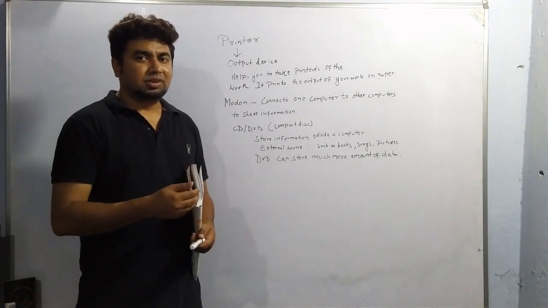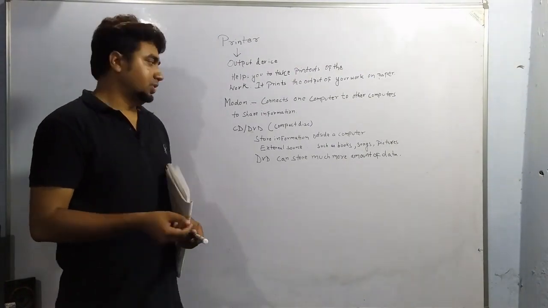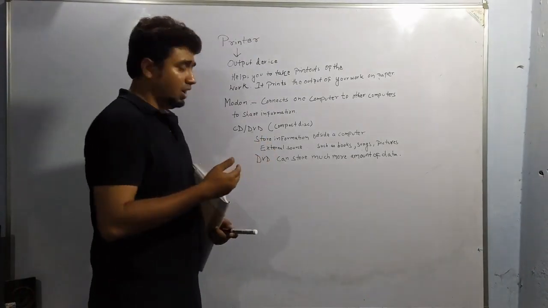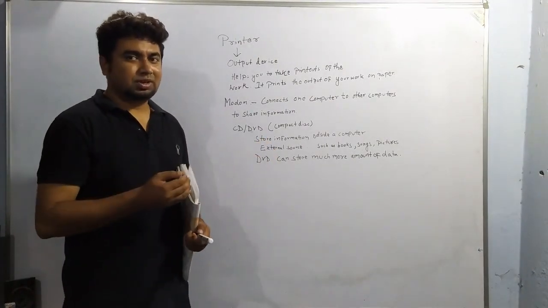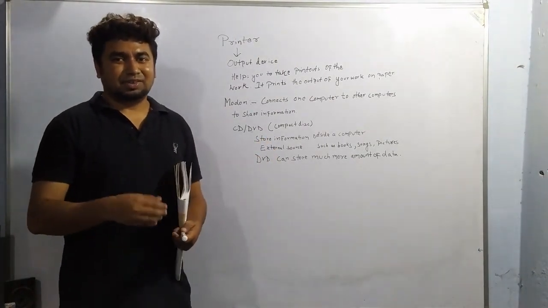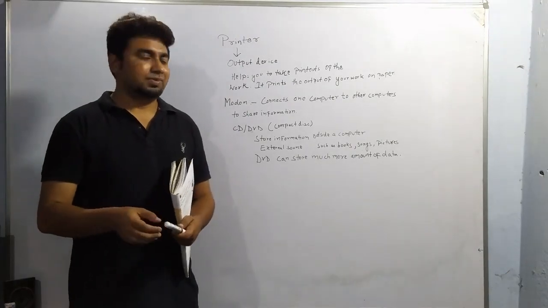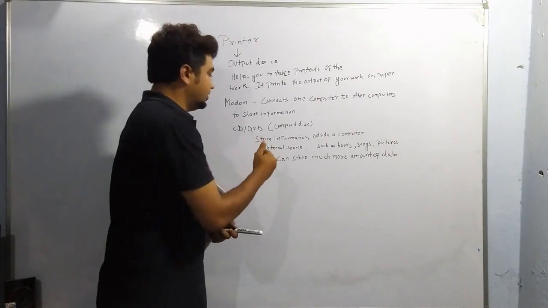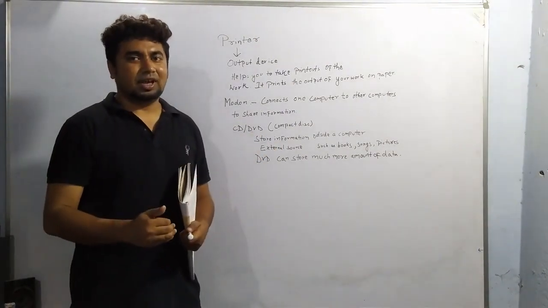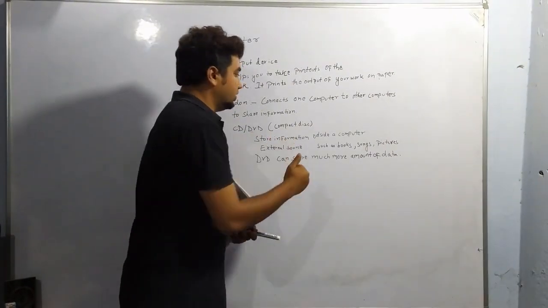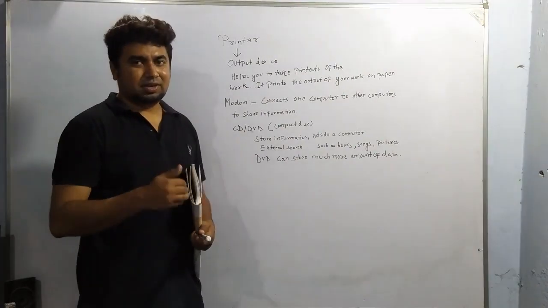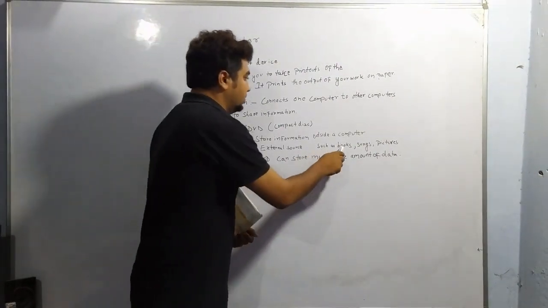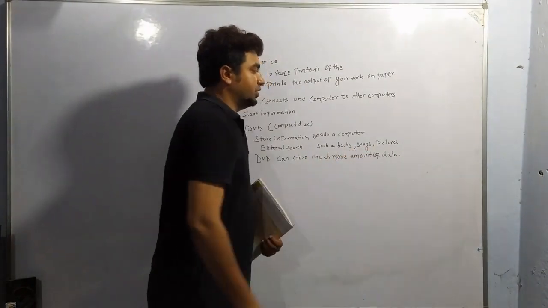We are mounting it on the computer or the CPU with the help of a CD drive or DVD writer drive. With the help of that only we are placing the CD, and it gives the reading, and on it we can store books, songs and pictures.